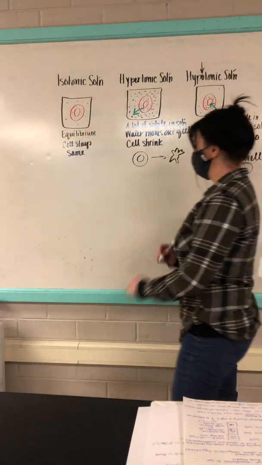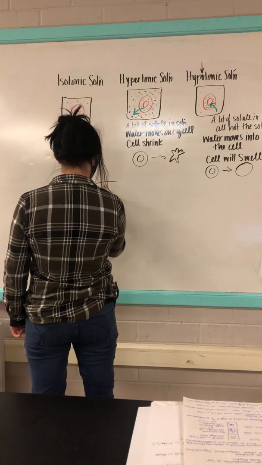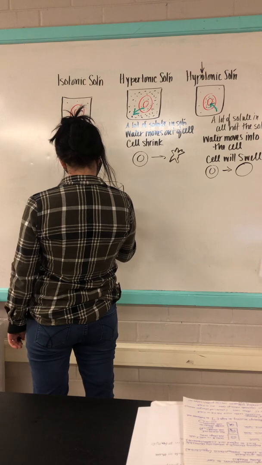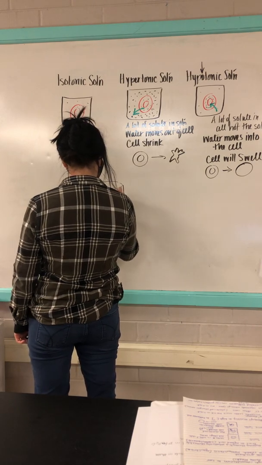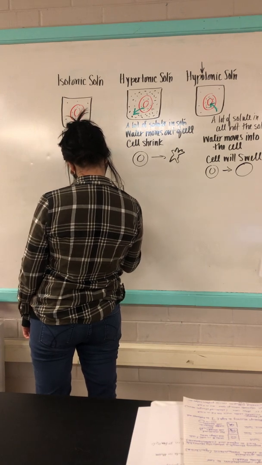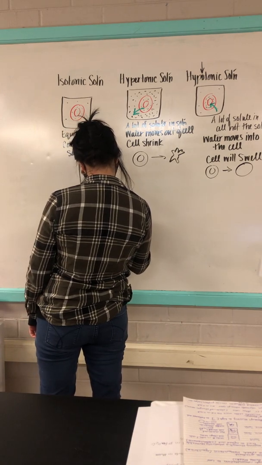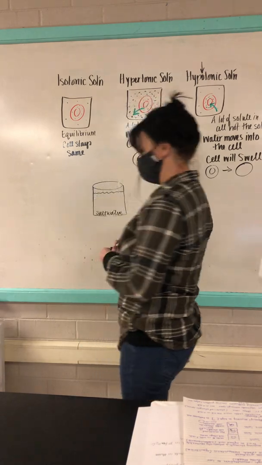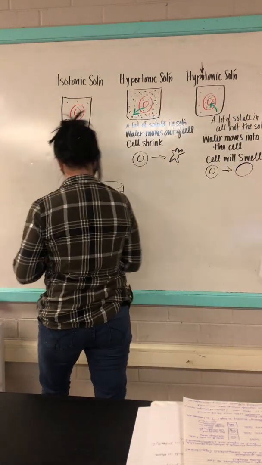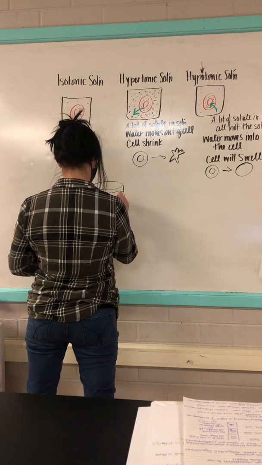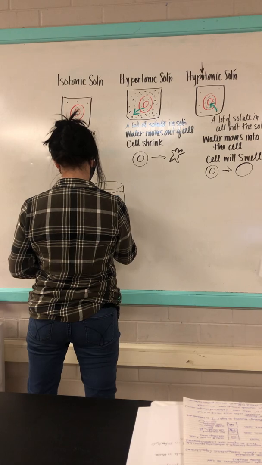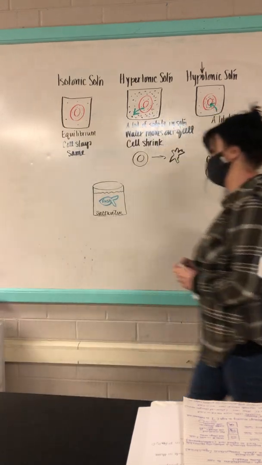Okay, so let's look at a couple of examples. Let's say that this is salt water, and we're going to drop a freshwater fish in it. Okay, so he's freshwater. What's going to happen?